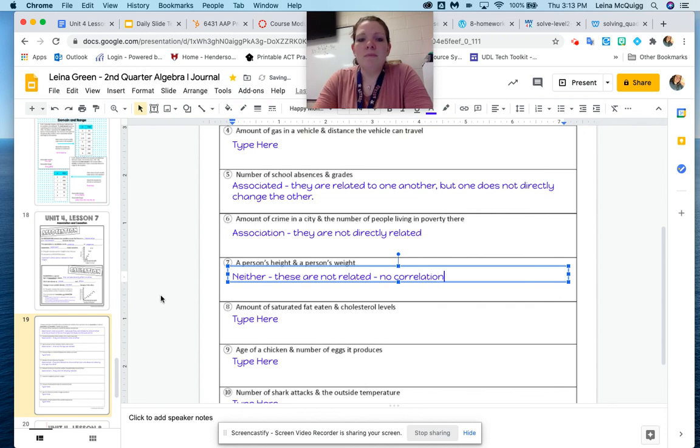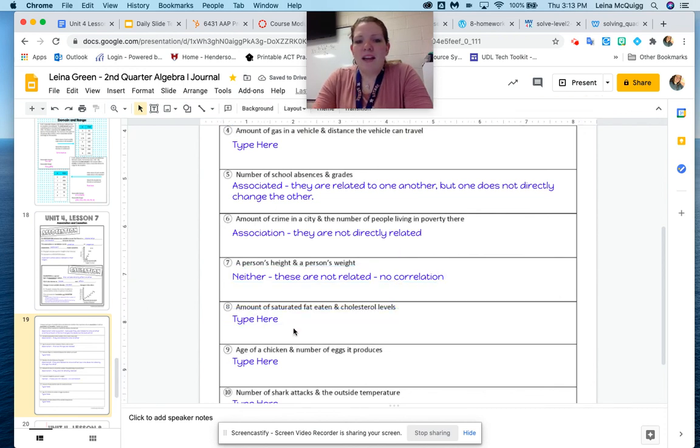Okay, and then we have amount of saturated fat eaten and cholesterol levels. What does that even mean? Saturated fat is the bad stuff, bad fatty foods that you're eating. So if you eat a lot of bad fatty foods, does your cholesterol go up? Cholesterol is dealing with your heart and things like that, right? Yes, it does. If you don't eat a lot of fatty foods, your cholesterol goes down.